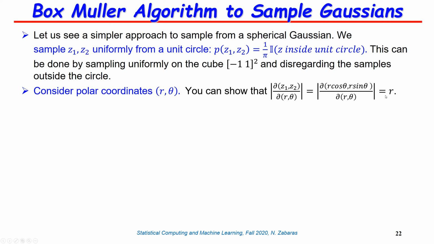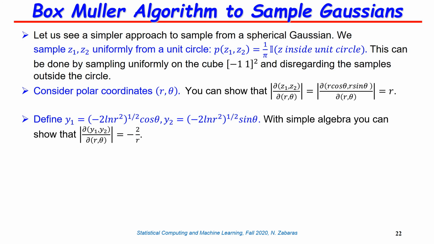The Jacobian of that transformation is equal to R. So this is the determinant of del Z1 del R, del Z1 del theta, del Z2 del R, del Z2 del theta. If you do the calculation, this Jacobian comes to be R. And then I'm going to define another transformation that takes me from R and theta to Y1 and Y2 that look like these 2 otherwise complicated and unassuming expressions.